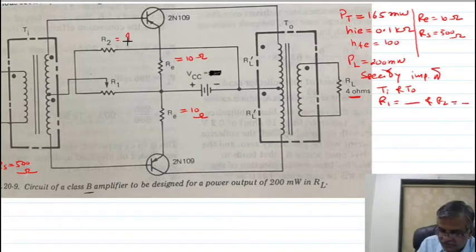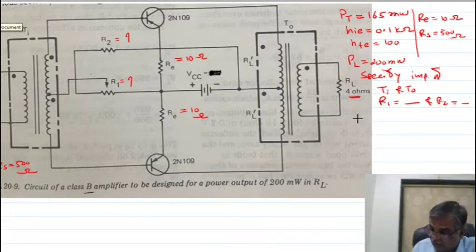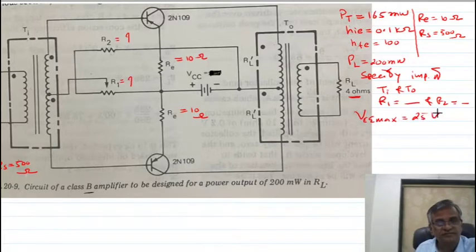These are the questions: specify the impedance of the primary and secondary of the output and input transformer. They have given the maximum voltage that can be borne by the transistor, which is 25 volt.